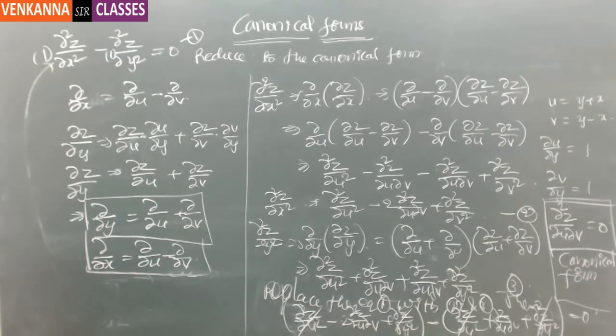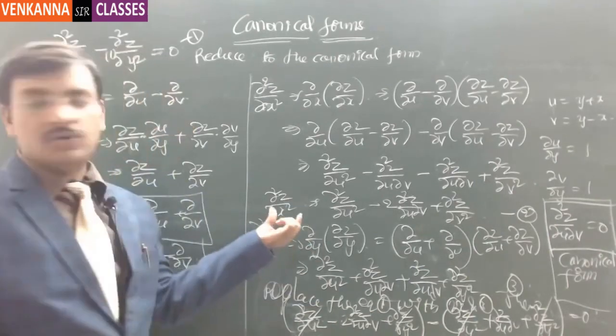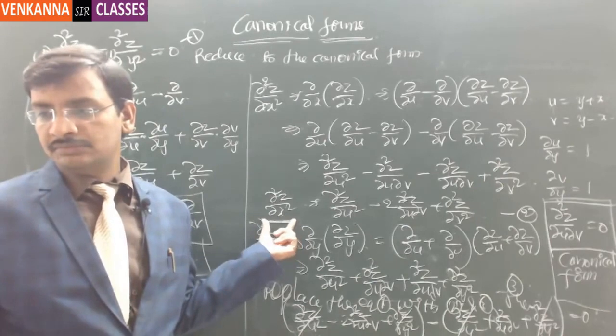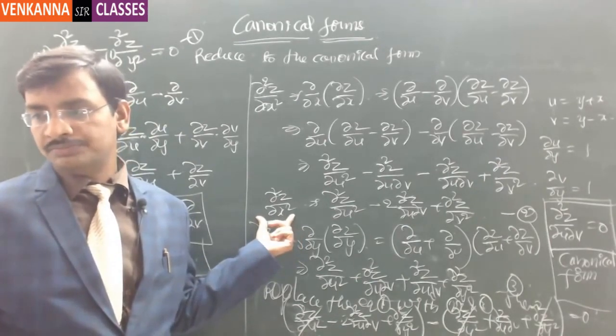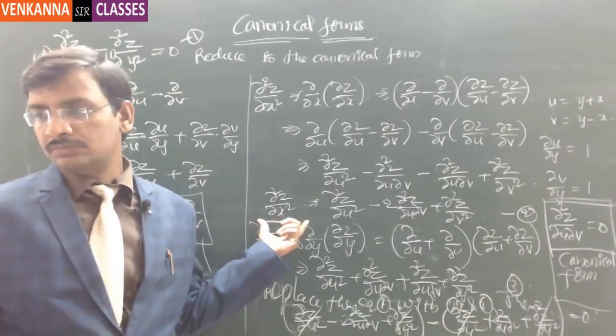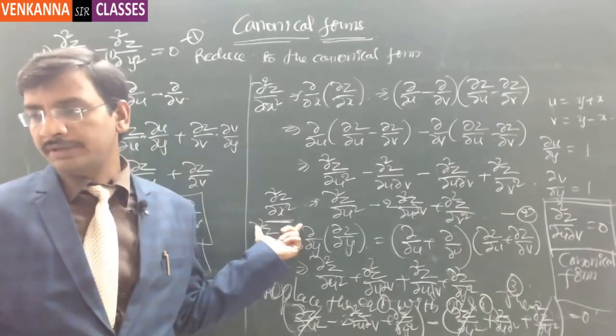Last part. So which one actually you don't want? See this. This is ∂²z/∂x², you understood, right? Is this understood or not, Samrin?